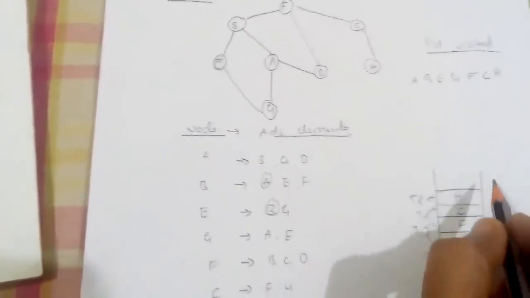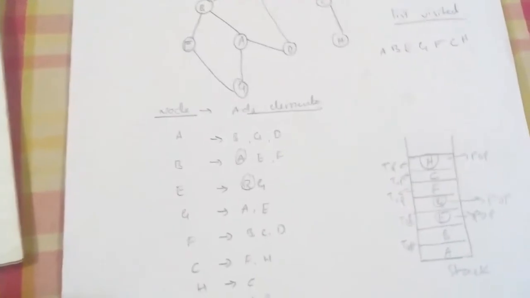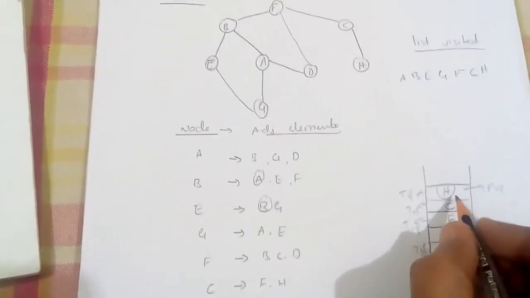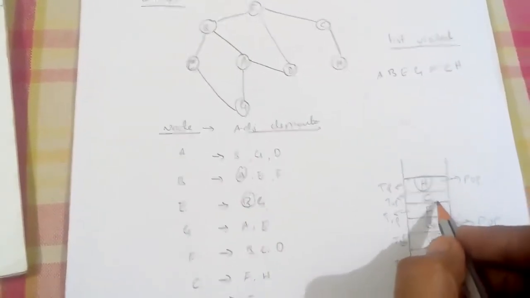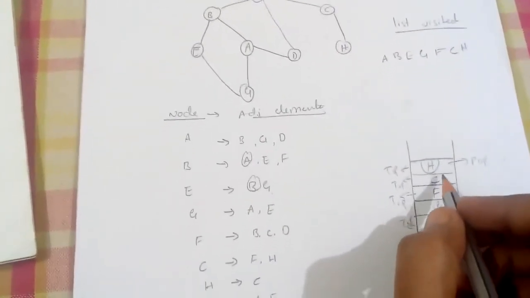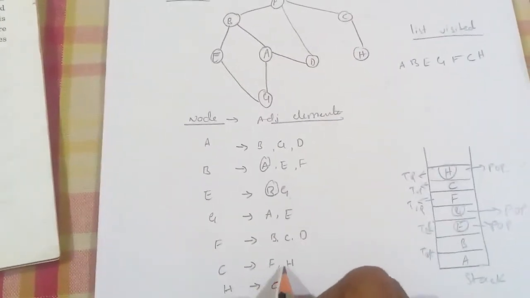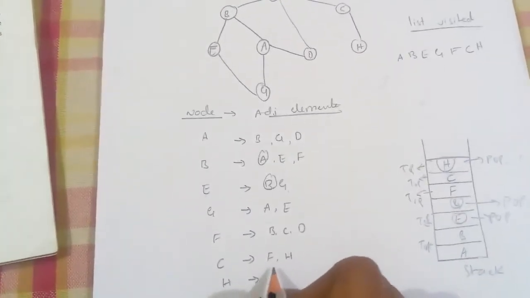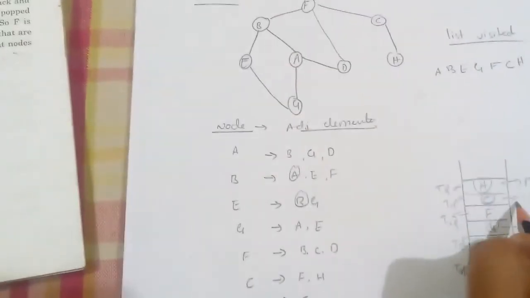So we pop H from the stack, and the top of the stack becomes C. The adjacency elements of C are F and H, so all nodes are visited. So C is popped from the stack.